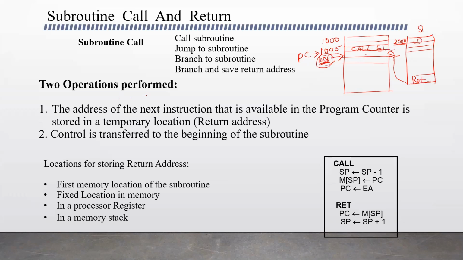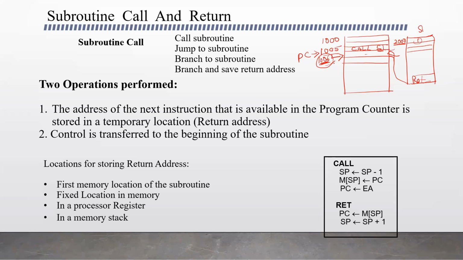So the two operations that are performed are: first, the address of the next instruction that is available in the program counter is stored in a temporary location. The address that is there in the PC, that is the next instruction, we call a return address. That has to be stored in a temporary location.